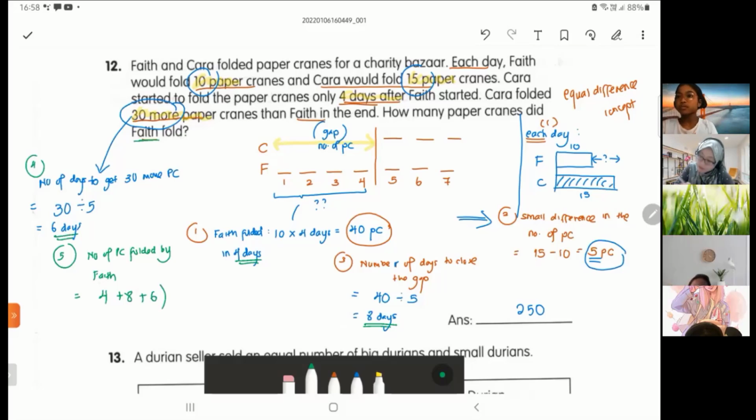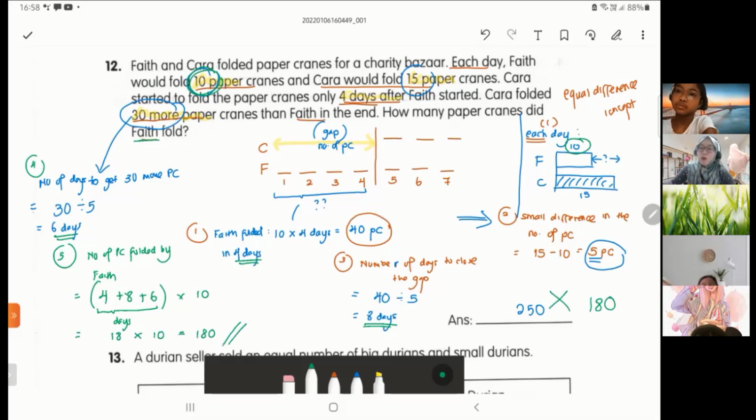These are the days, all right, times 10, because 10 is what she folds for one day, right? Remember, one day is 10. Then you're going to get 18 times 10 equals 180 paper cranes. Answer is 180. All right, equal difference concept.